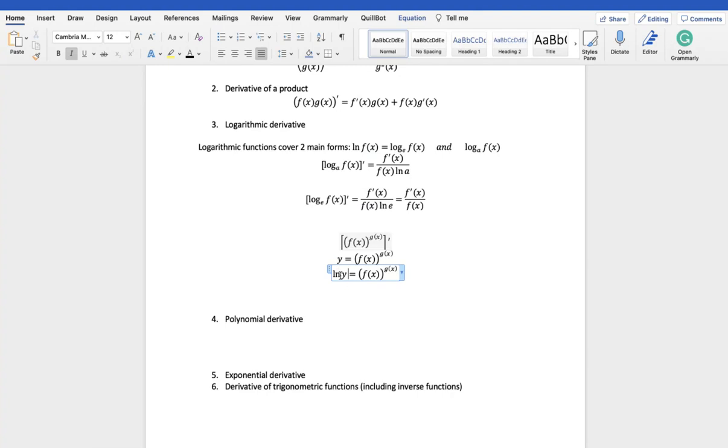And the reason why you introduce the natural logarithm rather than the more general form of logarithmic functions is that its derivative, as we've seen here, is a bit easier than the general form. Because with the general form, you still have to deal with the 1 over ln a here.